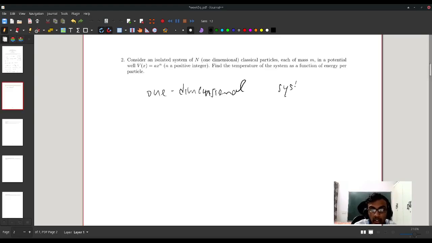These are all classical particles, particles following the laws of classical mechanics. So there are n of these particles, and each of these particles is in a potential well. So something like this.